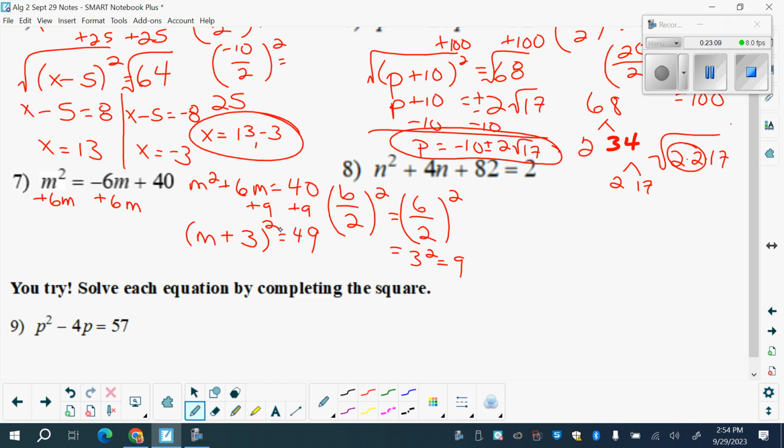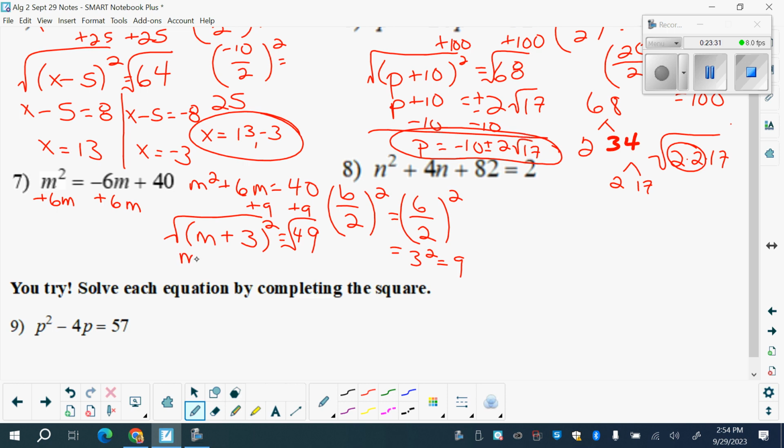Yes, Omar? What about a coefficient at the beginning? What an excellent question. So later on, we're going to do ones that have coefficients. Today, we're going to do simple ones, and it gets more complicated. I love that question. So now what do we do next to solve it? Square root.